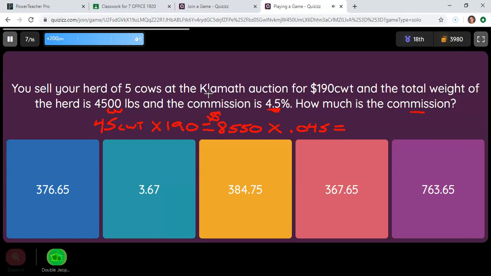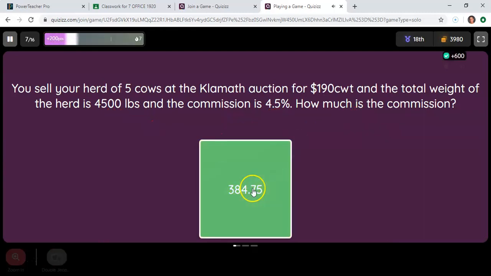Move it 2 places to the left. And I calculate $384.75. That's what I calculate. Let's see if it's right. Here we go.